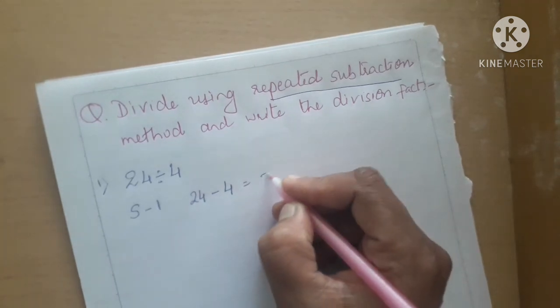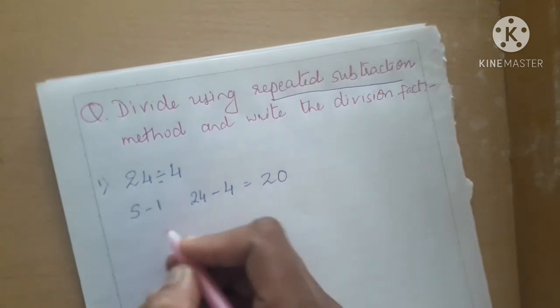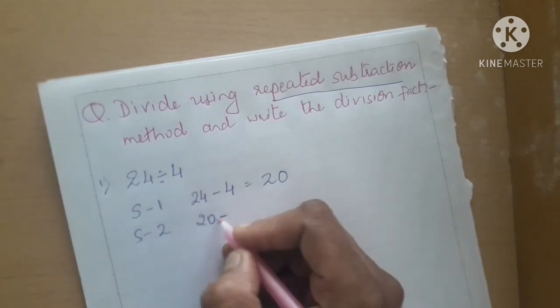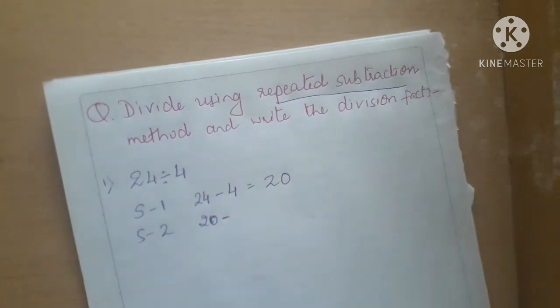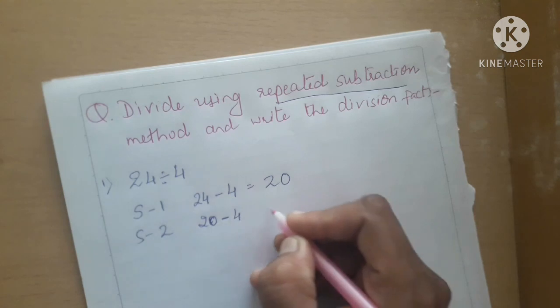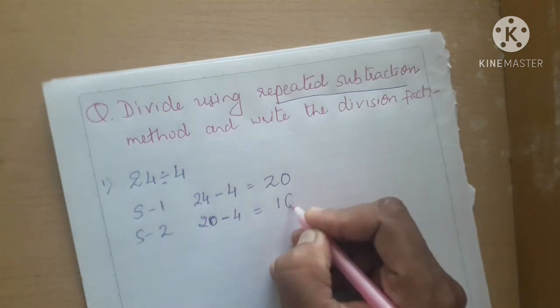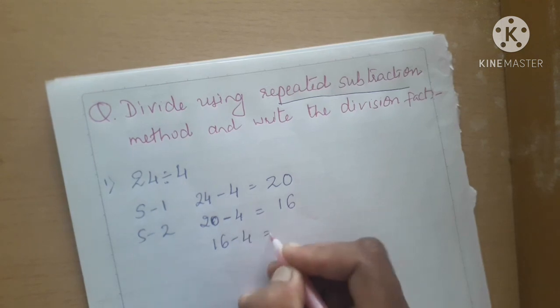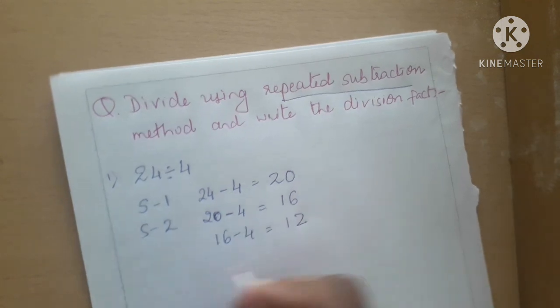Now I am left out with 20. Now this 20 is left out, and now again I will subtract 4 from 20. So I have now 16. Now the 16 is left out. I will subtract 4 from that. So I am left out with 12.